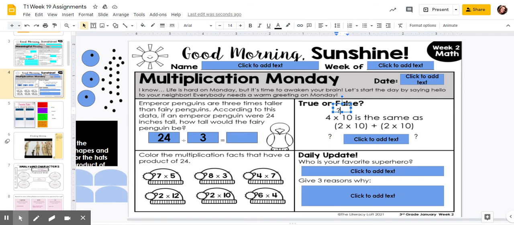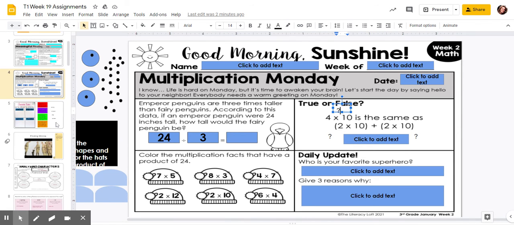Then you're going to add those 2 numbers together and see if they equal the same number you got for 4 times 10. If they're the same, you're going to write true. If they're not the same, you're going to write false. But remember to add those 2 question marks together because there's a plus sign between the parentheses, which means that you'll multiply first, find the products, then add the products together.